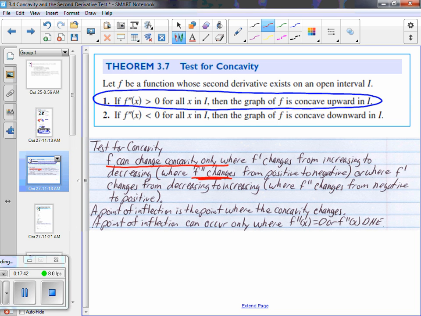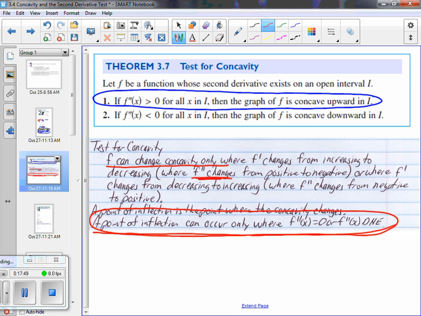So a point of inflection can only occur where the second derivative equals 0 or the second derivative does not exist. Okay? You got it.